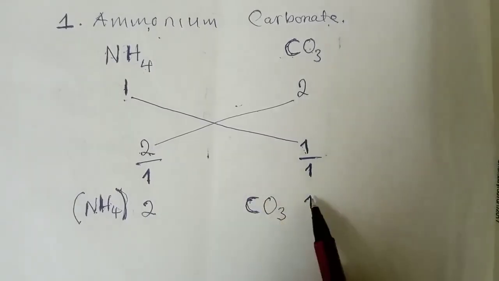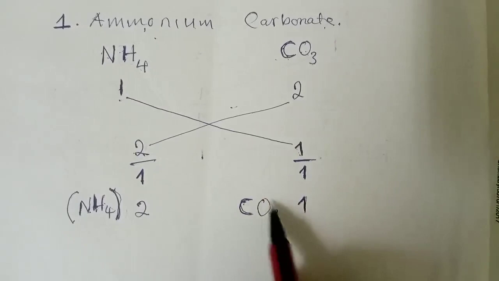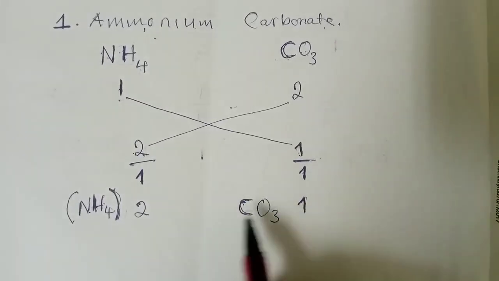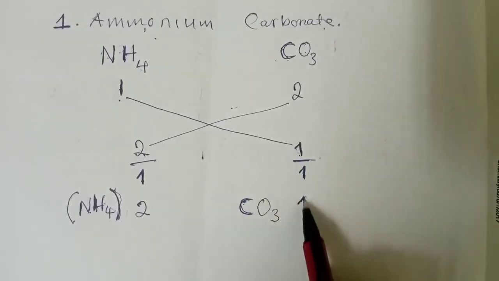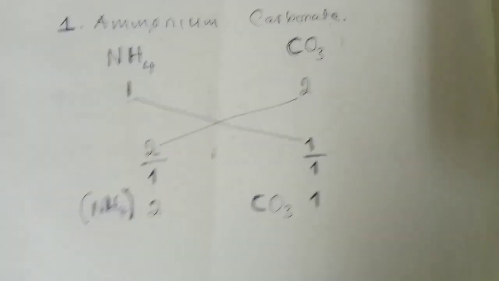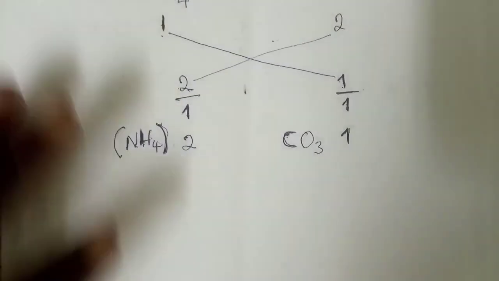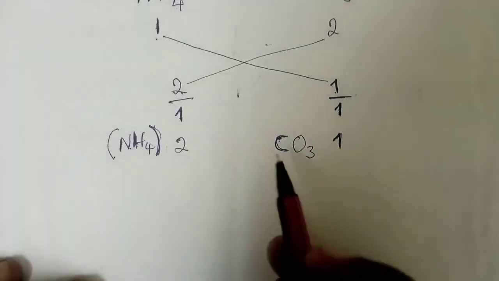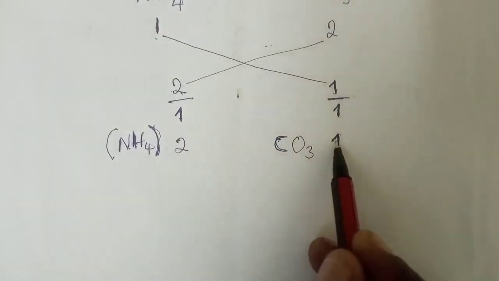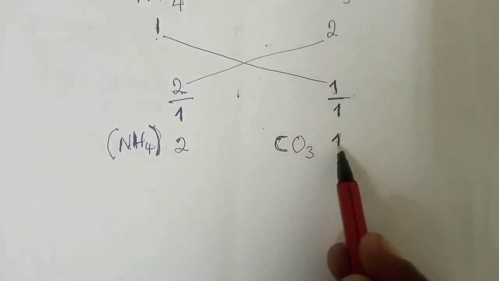So this one means that there is just one of this carbonate. All right, so here it is just simple. I want you to understand. So here it is not more than 1, it is 1, meaning that you just write it like that. If it is 1, you write it like that.